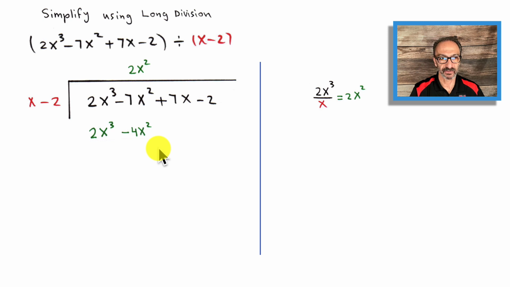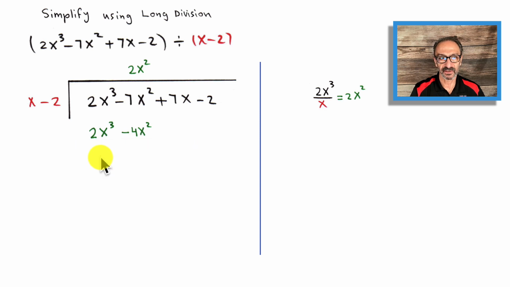What do we do next? Sometimes, instead of saying subtract, you could do that. This minus this will be 0, and negative 7x squared minus negative 4x squared will change it to plus, or most books will do it as change the signs and use add instead of subtract. This is what I mean.